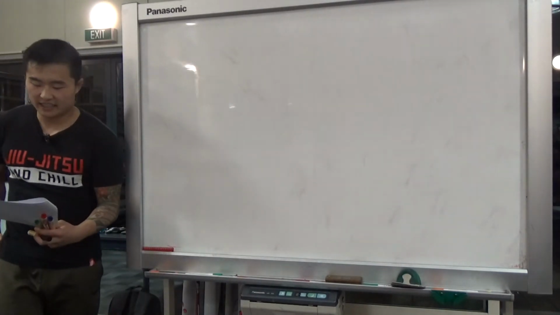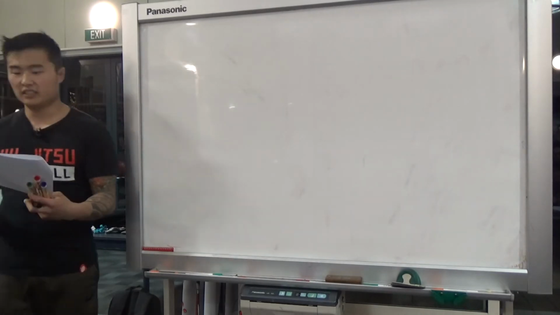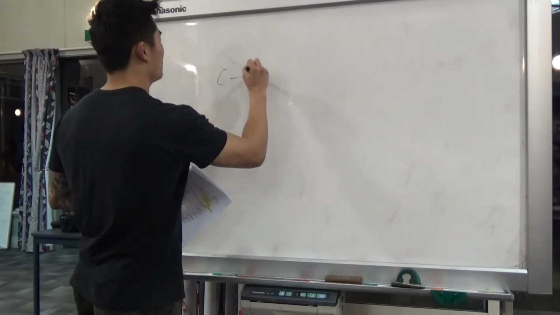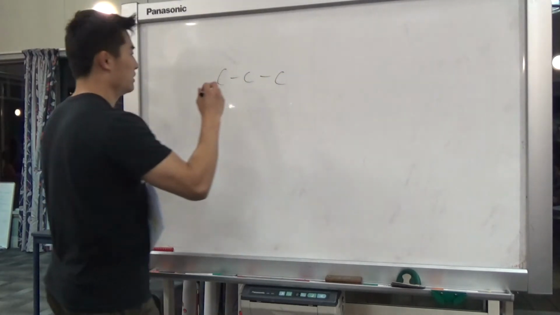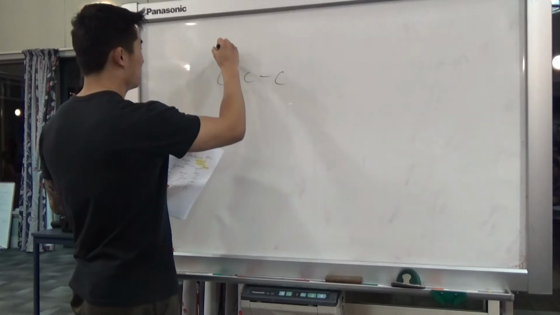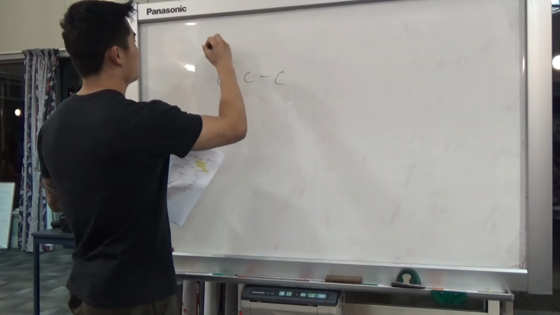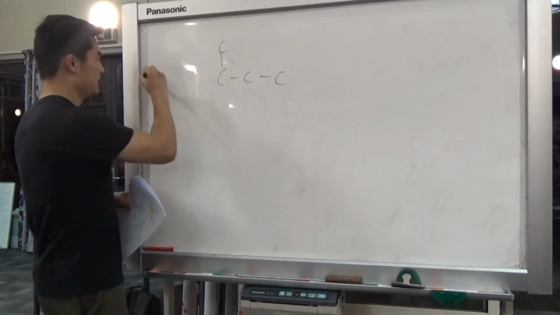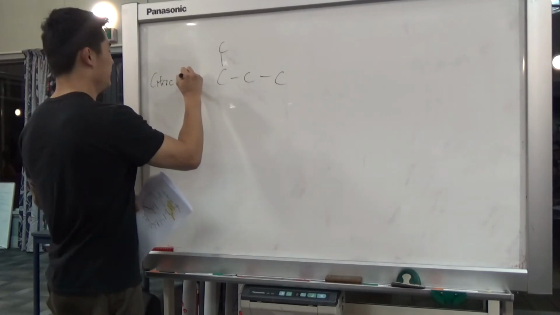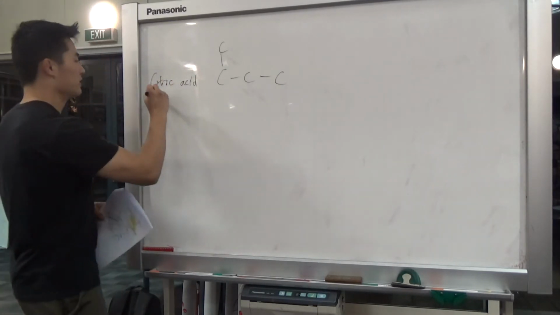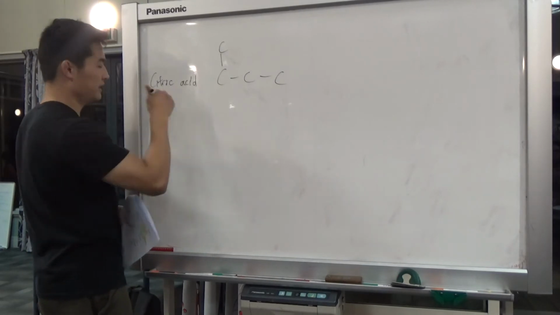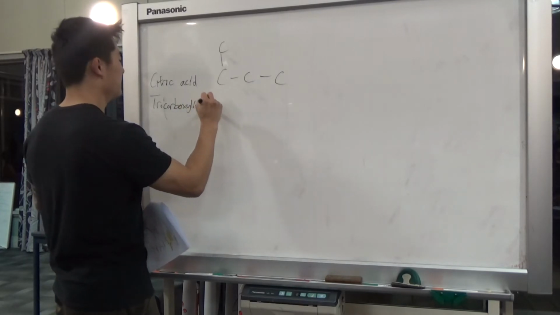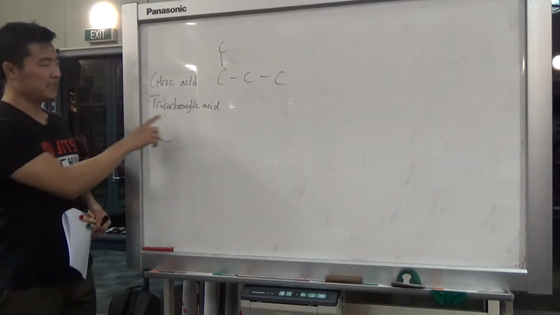So we have the citric acid cycle. The citric acid cycle is also known as the tricarboxylic acid cycle. So this is citric acid. You don't need to remember this, but just for interest, citric acid is also called tricarboxylic acid, which means it has 3 carboxyl groups.